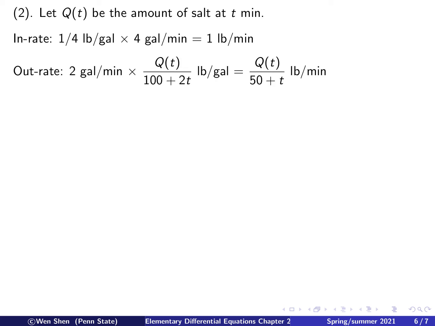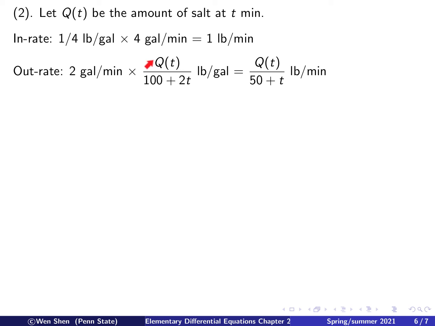Now we need to compute the out rate. So again, at time t, the out rate would be the concentration times the rate. So 2 gallons per minute is the rate. And we need to find out the concentration of salt. So per previous discussion, we know the concentration would be the amount of salt over the volume of the liquid.